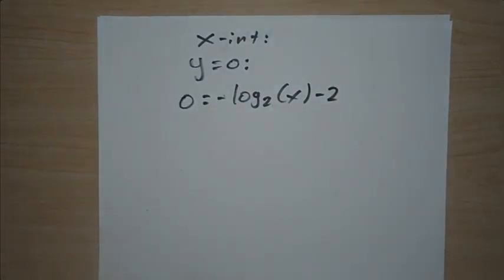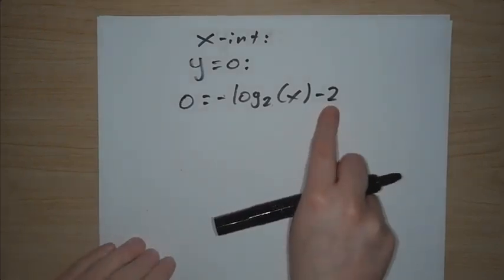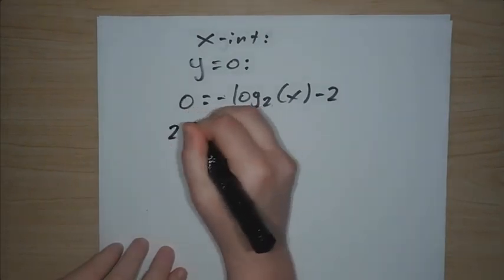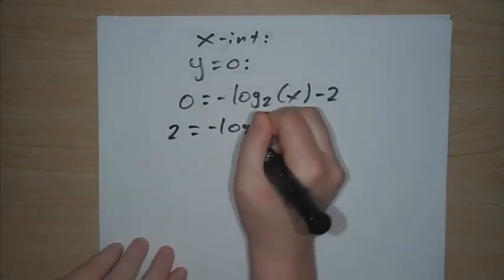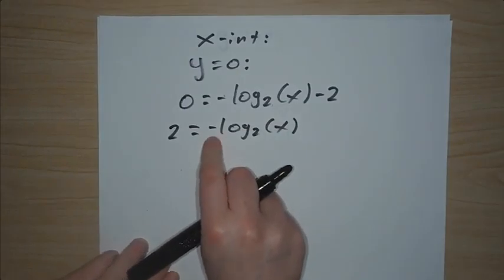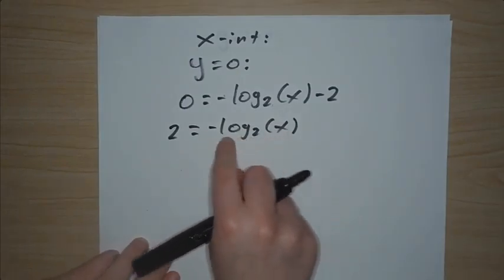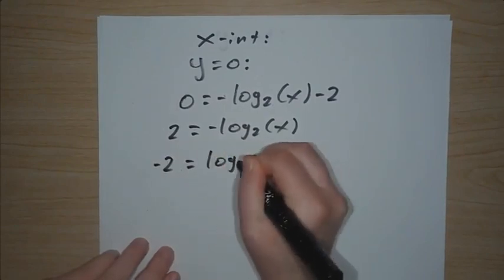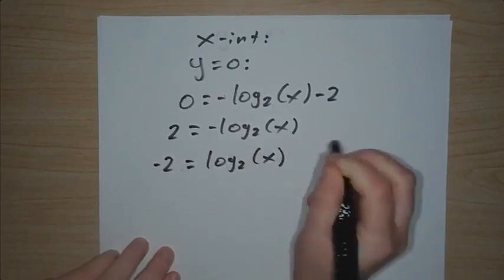And we are going to solve for x. So we're going to move this negative 2 over to the right by adding 2 on both sides. So we'll have 2 is equal to negative log base 2 of x. And then we're going to multiply each side by negative 1 so that this is positive. So we'll have negative 2 is equal to positive log base 2 of x.